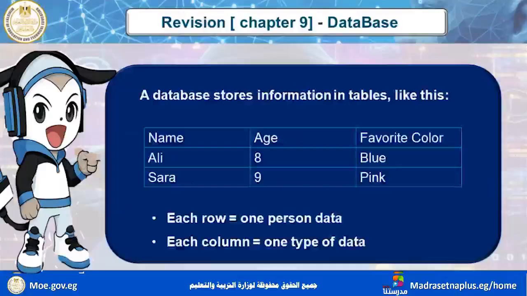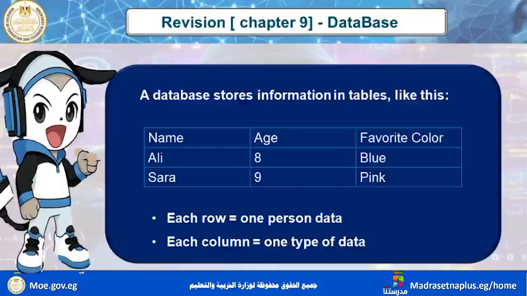Each row here represents one person's data. And each column represents one type of data.